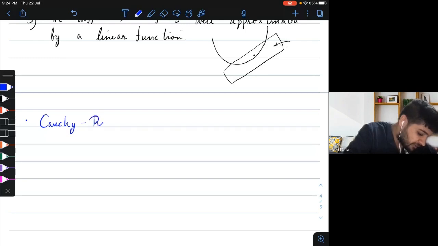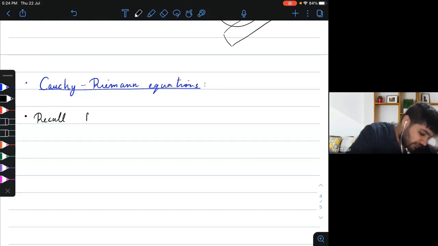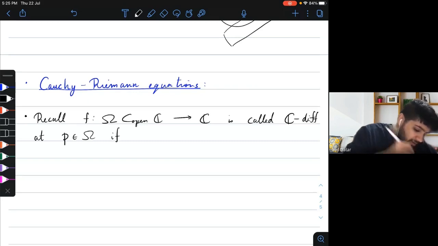That's the main topic for today. Recall, if you have a function f from an open set in C to C, then this is called C differentiable at a point p if this limit exists.